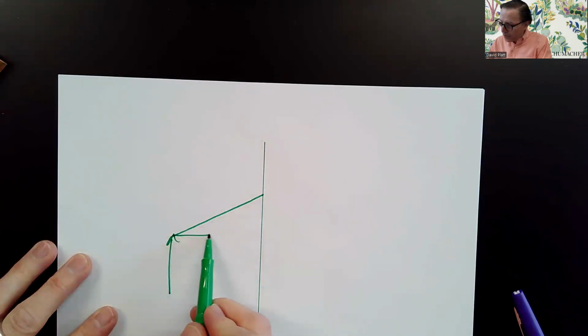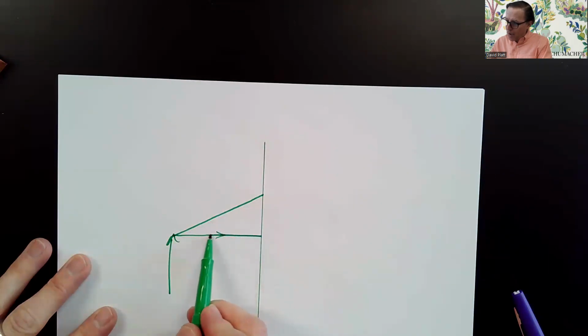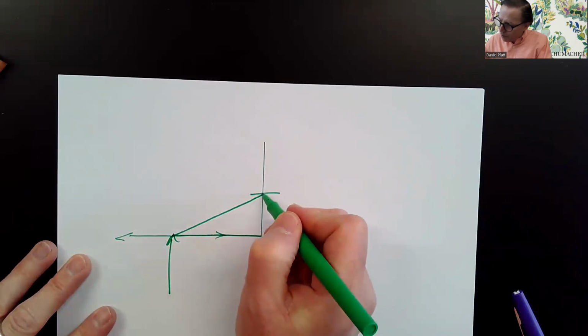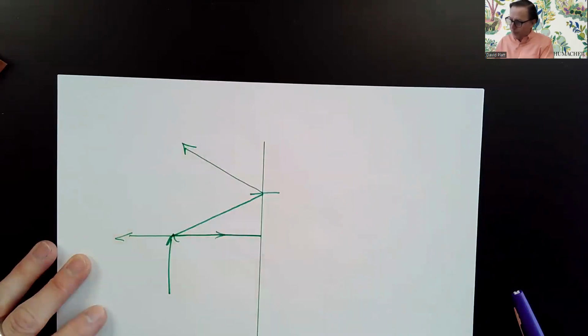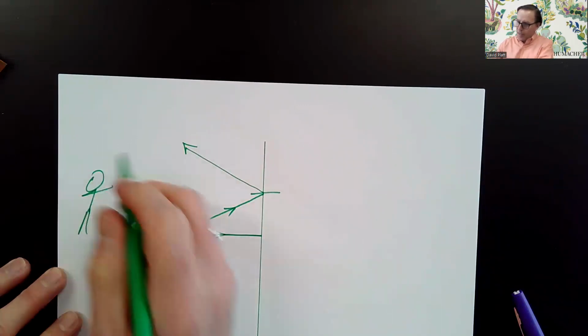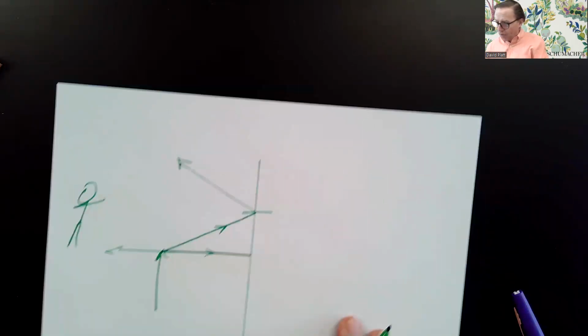I'm going to draw this one horizontal. This ray will reflect right back on itself like that. And then this one, I just have to follow the law of reflection. So again, my observer over here says, these two rays are diverging, going apart. I'm going to follow them backwards.